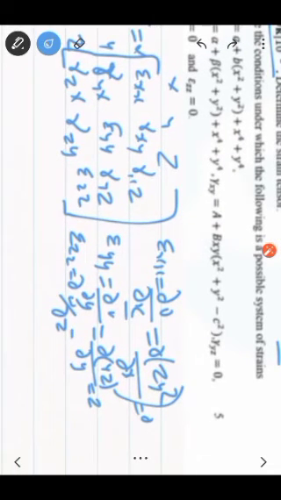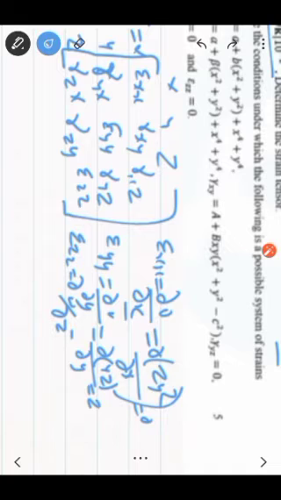This is equal to dou of 3 plus 5z square by dou z.